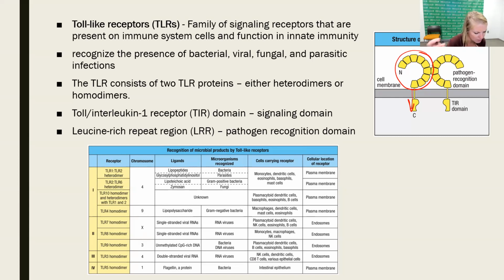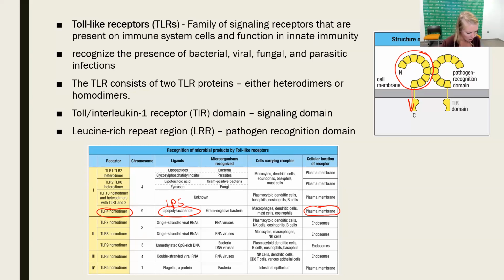Some of the bigger ones that we talk a lot about are TLR4. This is probably the one that's talked about the most. TLR4 recognizes lipopolysaccharide, or LPS, and that is going to be specific for any gram-negative bacteria. We find that it's embedded into the plasma membrane on macrophages, dendritic cells, mast cells, eosinophils, but macrophages and dendritic cells mostly.